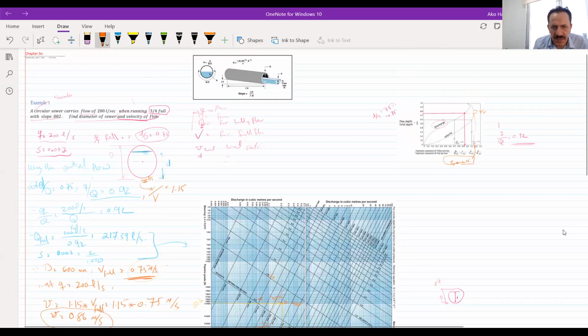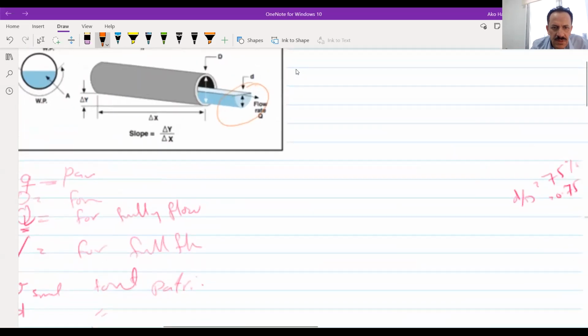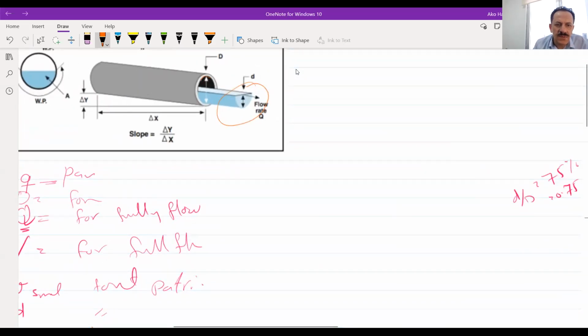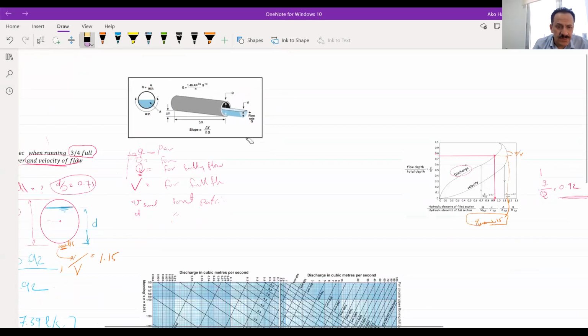When you have partial flow, there will not be any resistance to the flow from at least this top part. So we have a higher velocity than if the flow completely filled the pipe. It is normal to have a velocity more than the V full, but just for velocity, not for the flow.